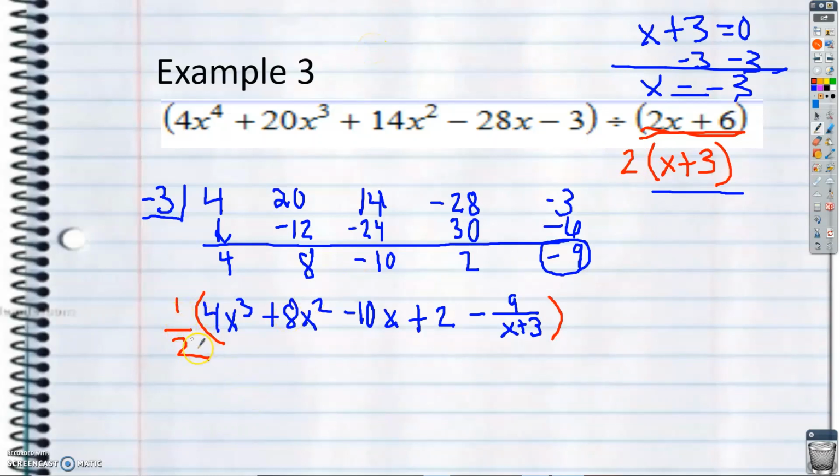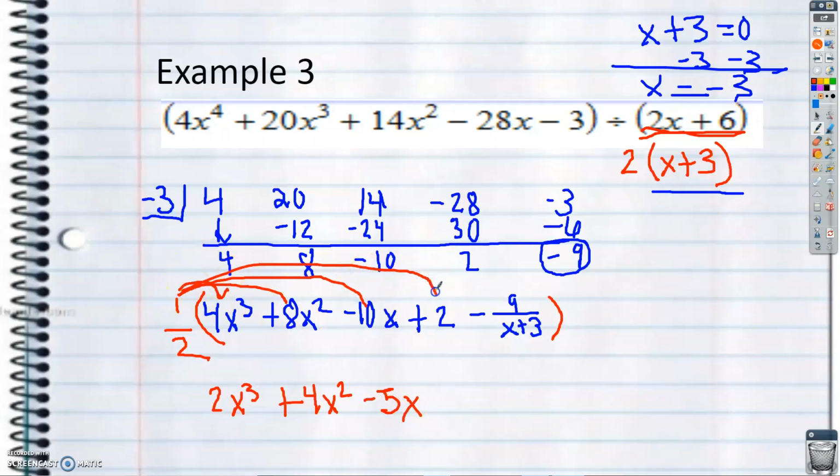So now I still have that 1/2 to deal with, so I have to do 1/2 times 4x to the 3rd power, so that's 2x cubed, 1/2 times 8x squared, which is 4x squared, 1/2 times -10, which is minus 5x, 1/2 times 2, which is positive 1, minus 1/2 times 9 over x plus 3, so that's -9 over 2x plus 3.